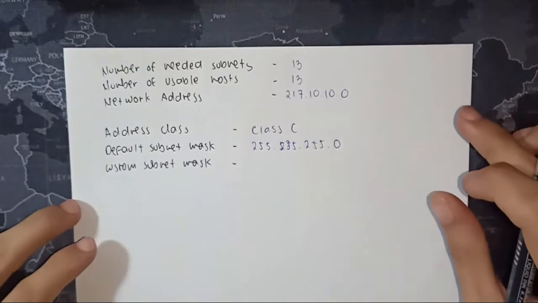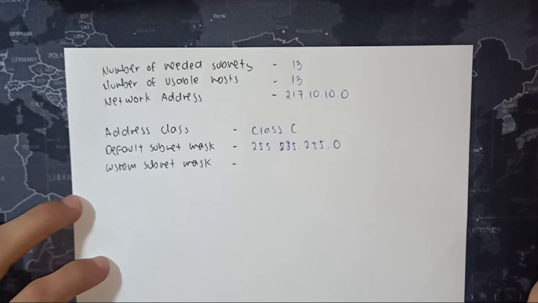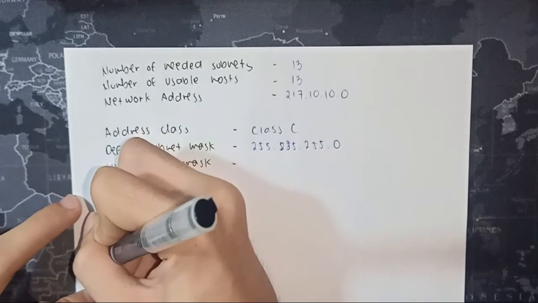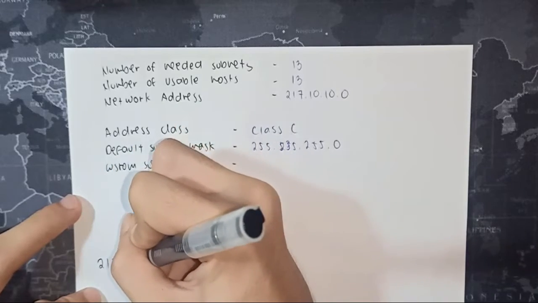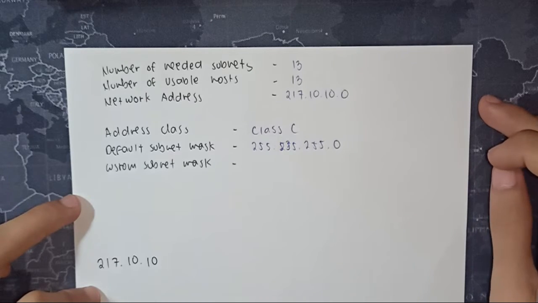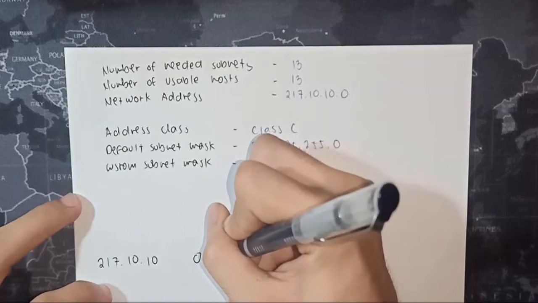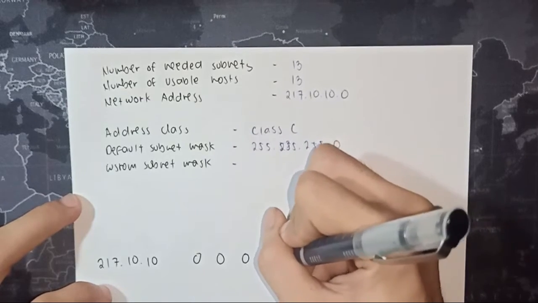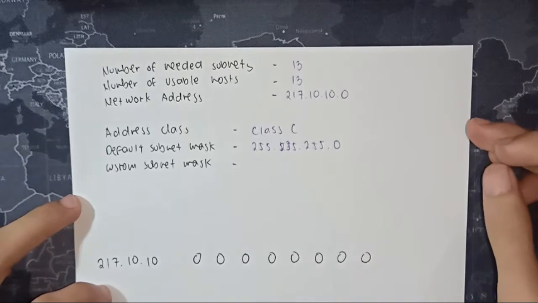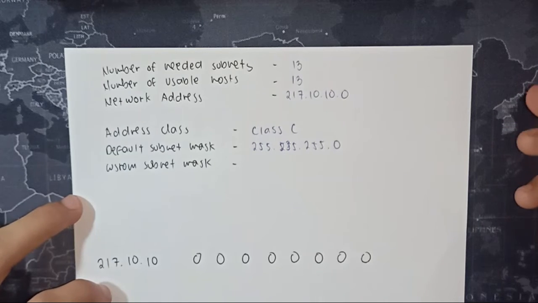In getting the custom subnet mask, we're going first to write down our network address, which is 170.10.10. Then convert the host address into octet. So 0. There we are. Then now, we're going to write down the decimal value from right to left.